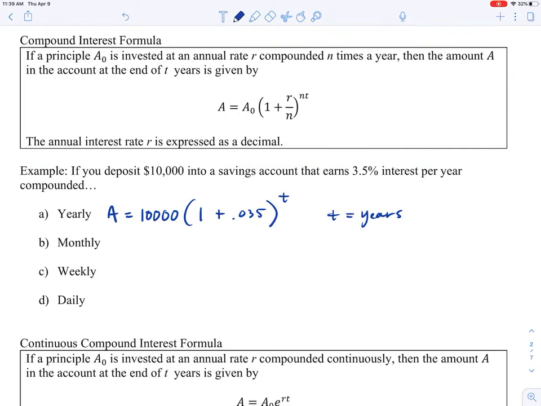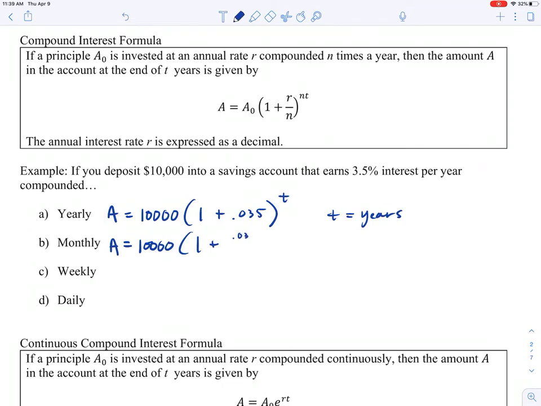Okay. Monthly, well, we're given that the annual interest rate is 3.5%, so it makes sense to do our input t being in years. There are 12 months in a year, so that means the interest would be compounded 12 times in 1 year.